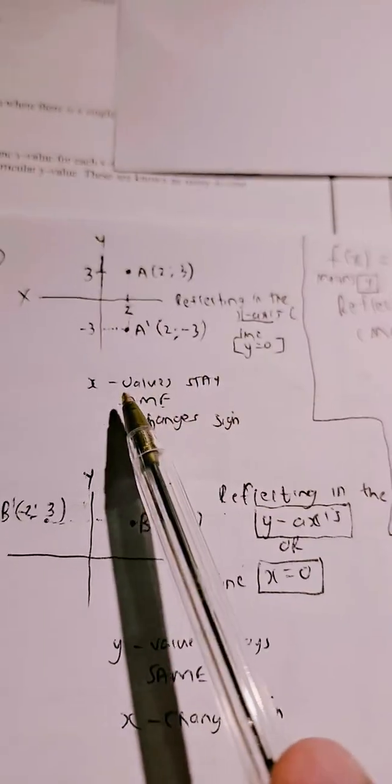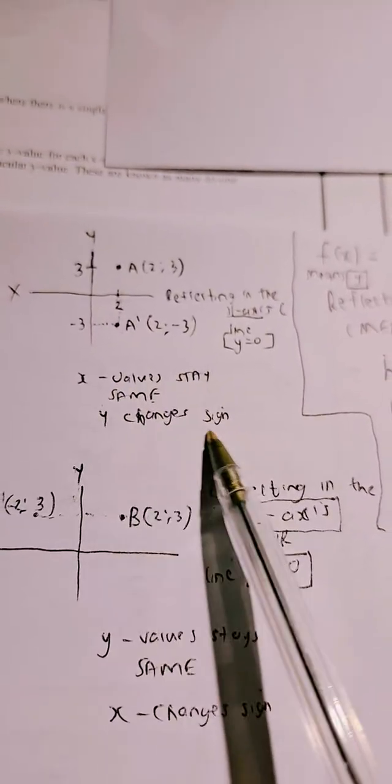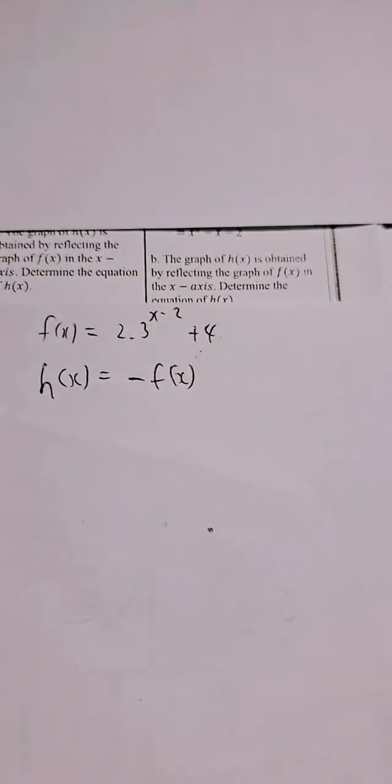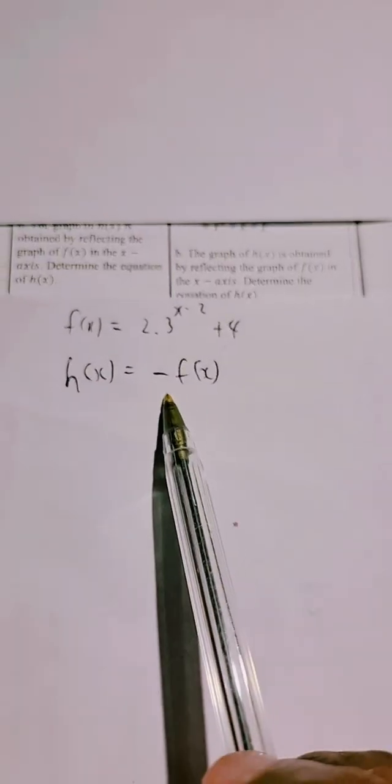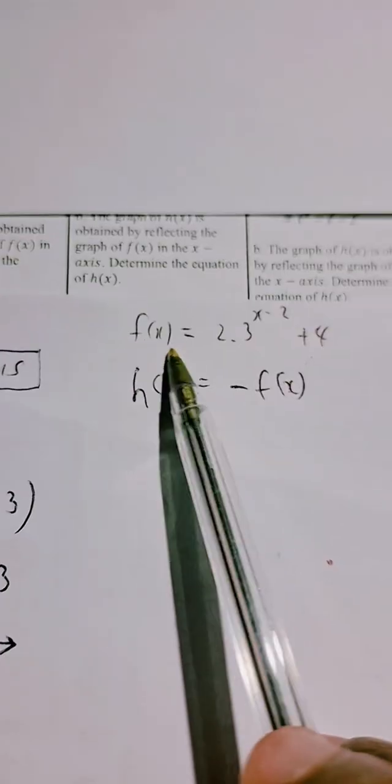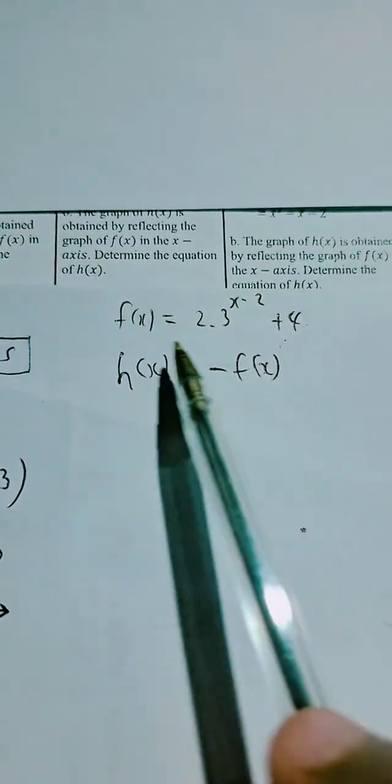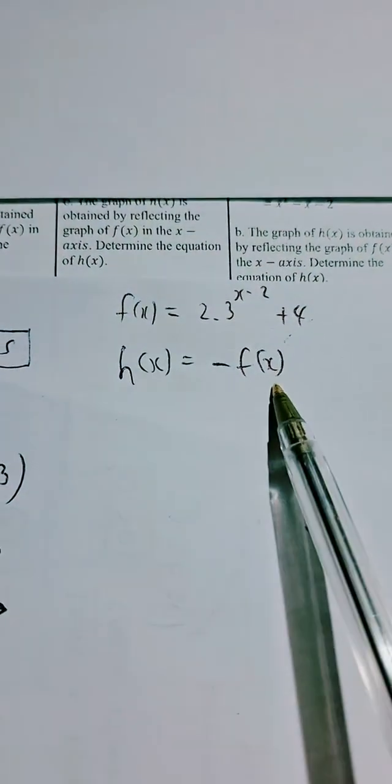The x value stays the same whilst the y changes sign. So h of x is equal to negative of our exponential function. In functional notation, we change f of x, which is positive, to negative, because remember f of x means y.